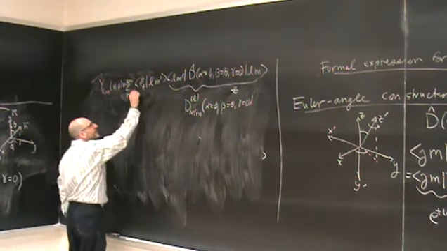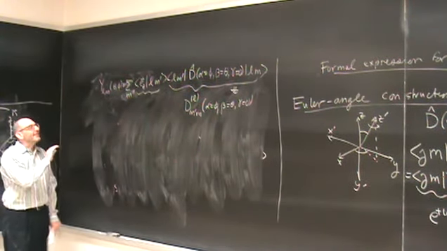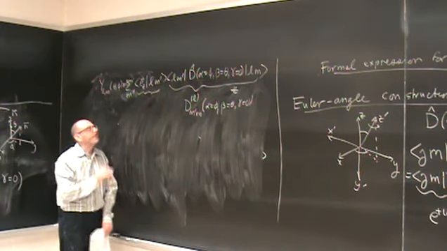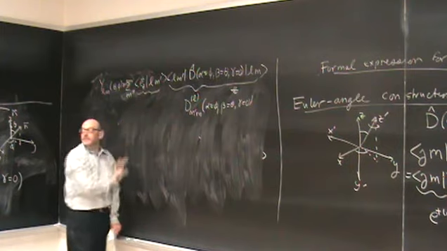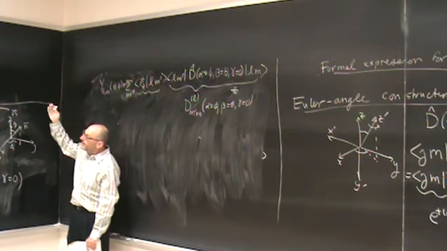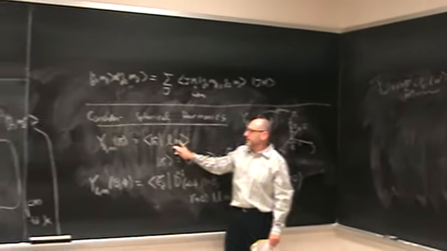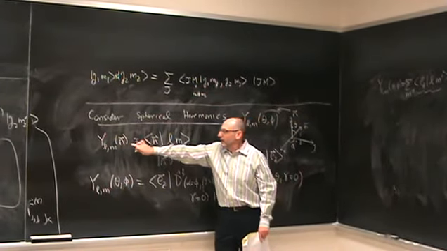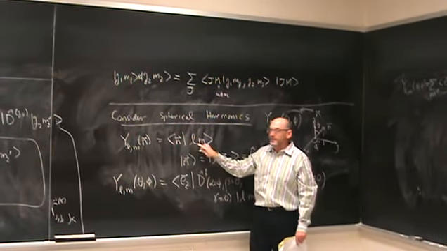And then we have to ask, what is this thing? Well, that's a little bit of a mess, but it's not that hard to show that, this is what I said earlier, written over here, that the Y_LM along a certain direction in space is just the representation of this.